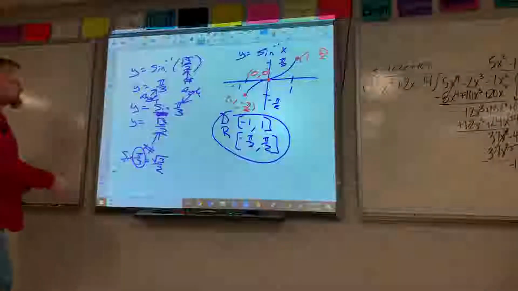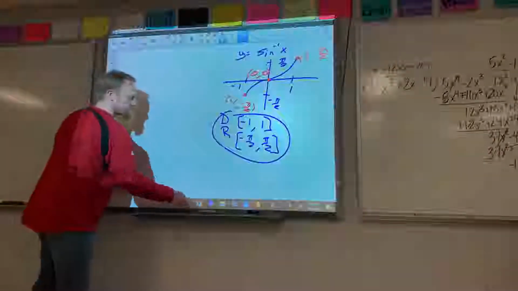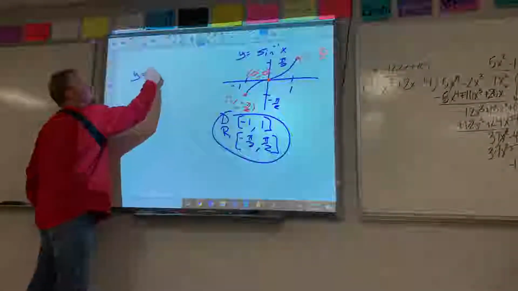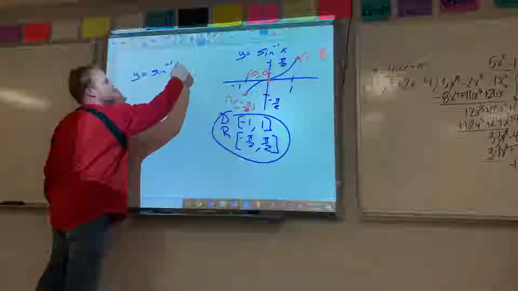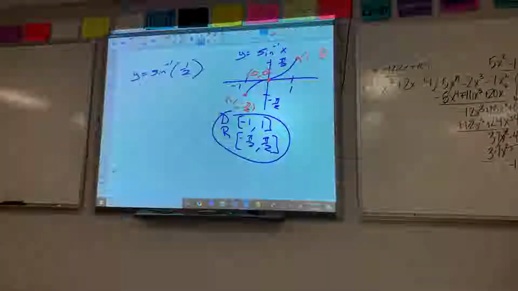Let's try another one. All right, so I have y equals inverse sine of 1/2. All right, somebody tell me what the answer to this is.